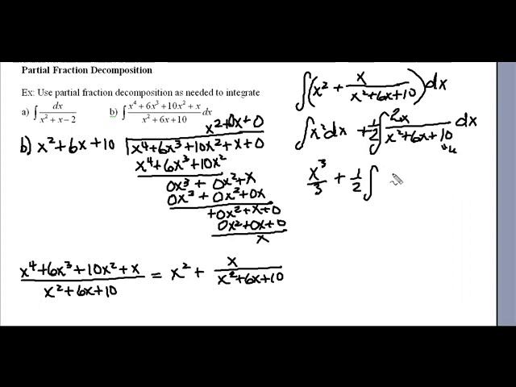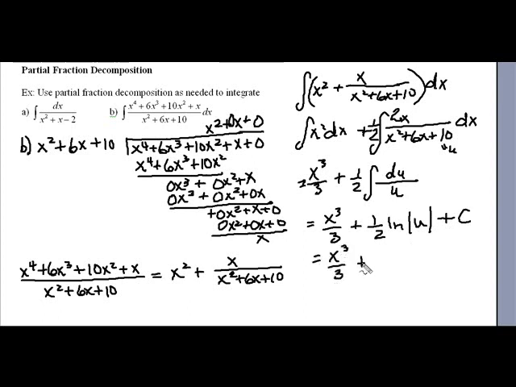Now this is going to give us x cubed over 3 plus 1/2 the natural log of the absolute value of u. And yes, a lot of times we do get natural logs. And this is going to equal x cubed over 3 plus 1/2 the natural log, the absolute value of x squared plus 6x plus 10, plus c.